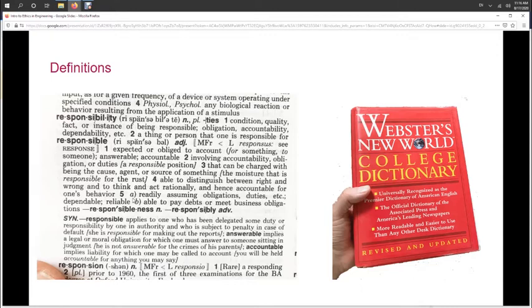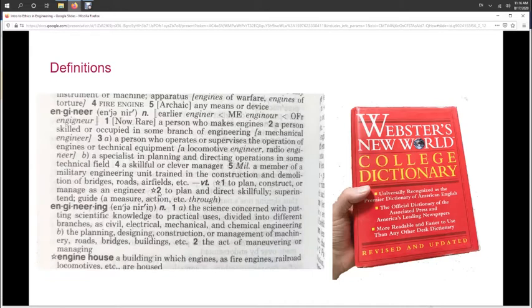And hence, because you are able to distinguish between right and wrong, and you are able to think and act rationally, therefore you are accountable for your behavior as a responsible person. Number 5, readily assuming obligations, duties, etc. So a person who is willing to accept responsibility or new duties and obligations could be called responsible.